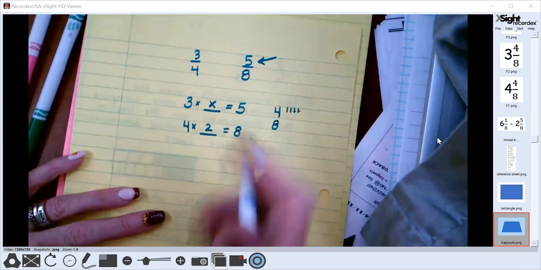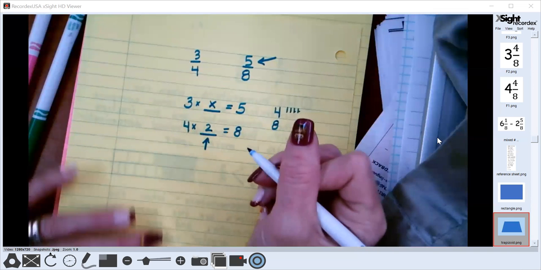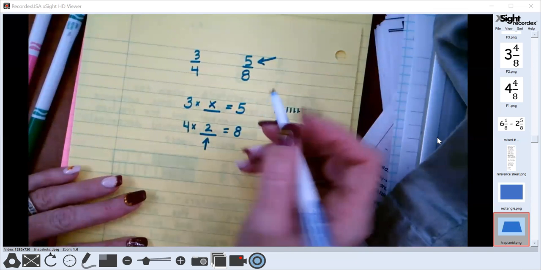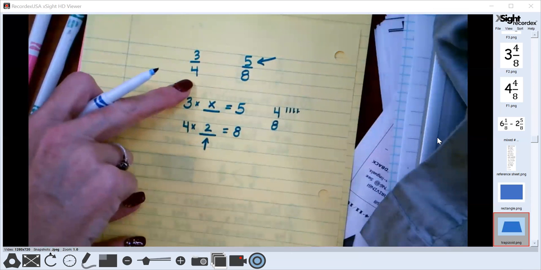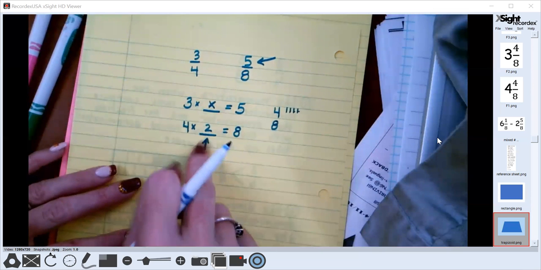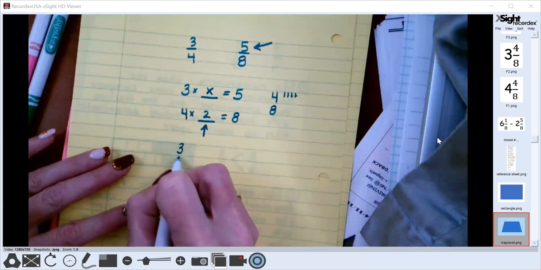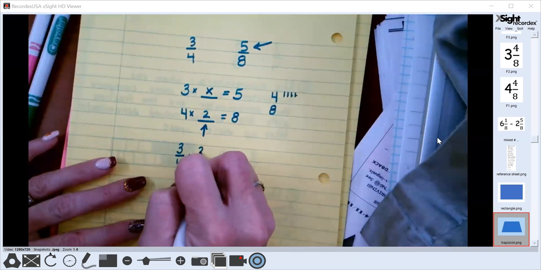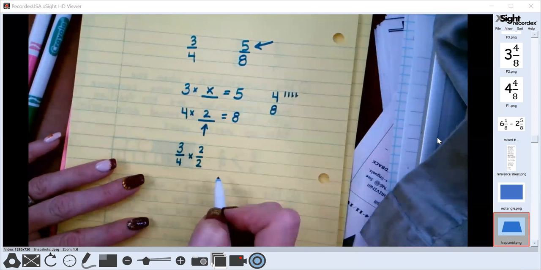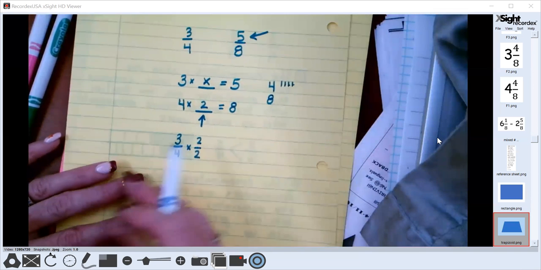Once I figure out what fractional whole to multiply my fraction by, I multiply my smaller denominator fraction by 2/2, because you have to multiply it by a whole, 2/2. So 3/4 times 2/2. Because when I do that, that's a fractional whole. I'm creating an equivalent fraction.